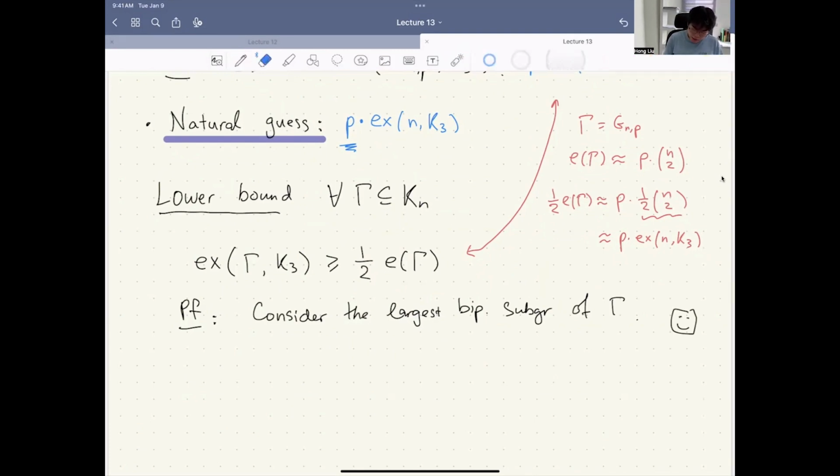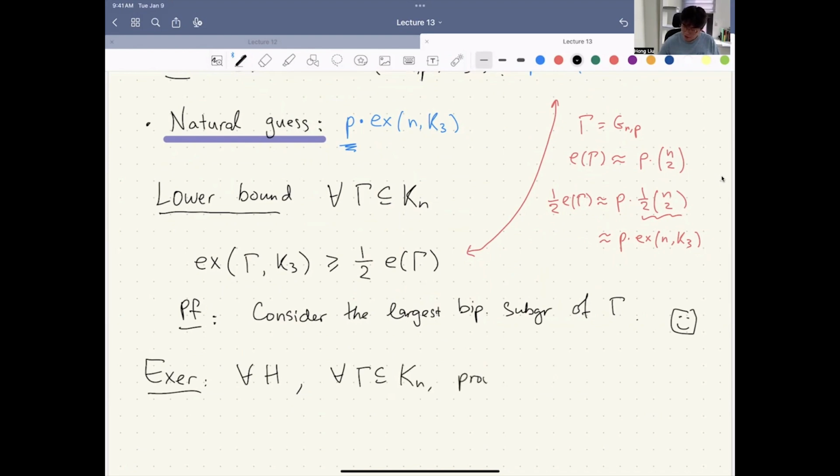A slightly harder one, but still easy, is to prove the following exercise. For any graph, not just when the forbidden graph is a triangle, when you forbid, say, a fixed graph H, and for any host graph Γ, a subgraph of K_n, prove the following lower bound.